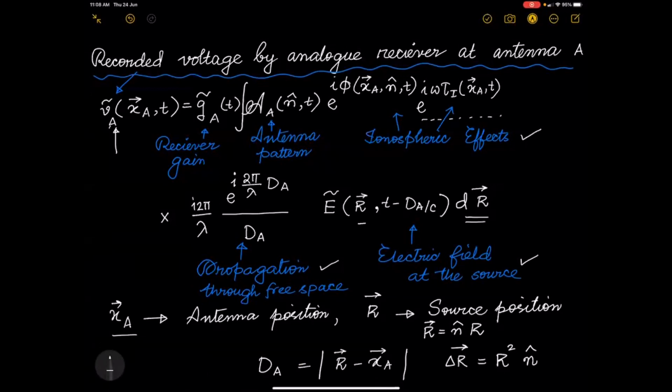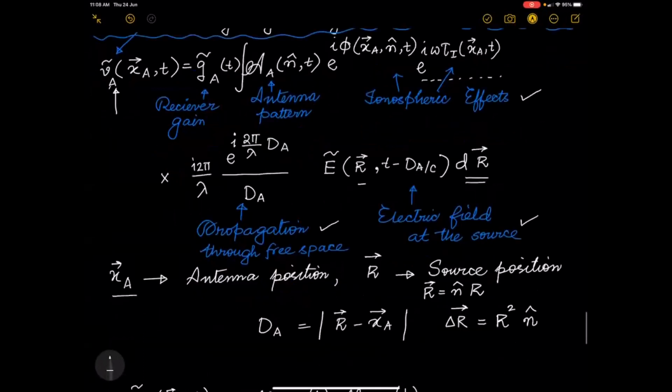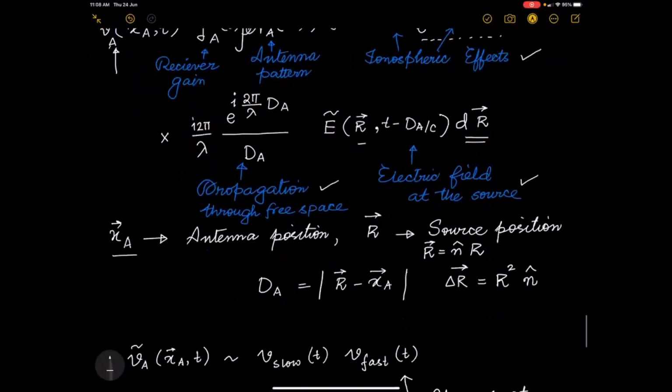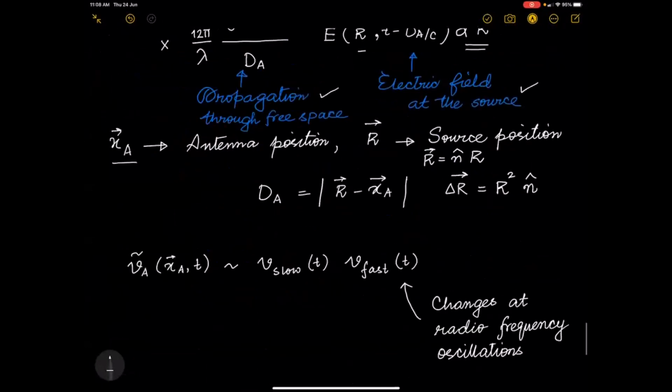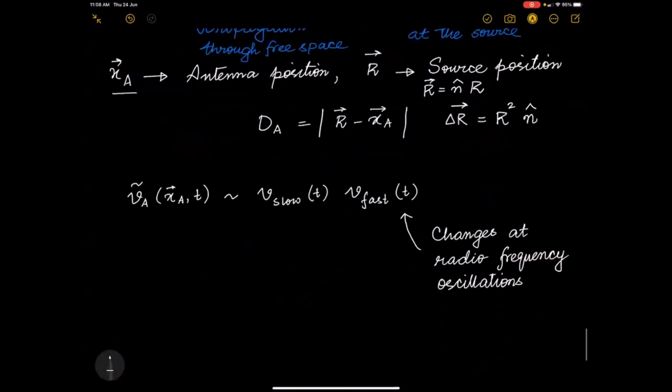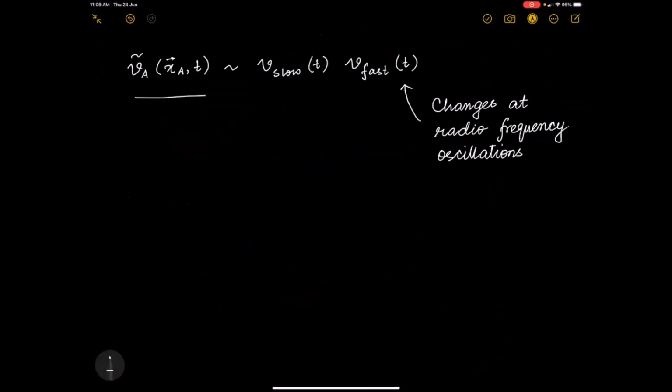So let us now look at the property of this voltage. And as I said, we have not talked about the frequency content of the signal yet. So how to get the frequency content of the signal? So this is my voltage. Remember that this is a complex number. Most often, I will just talk about one property of the complex number.